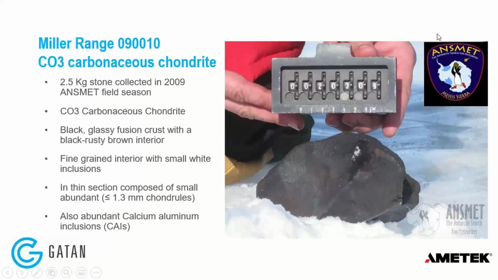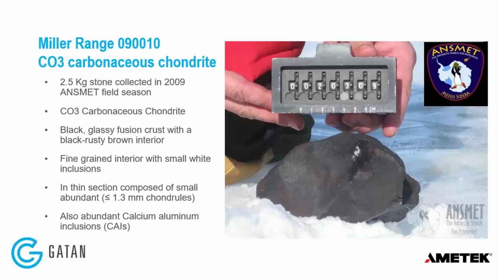All right, thank you. Yeah, so today we're going to be talking about a CO3 carbonaceous chondrite, Miller Range 090010, which is a mouthful, but it was a 2.5 kilogram stone that was collected during the 2009 Antarctic Search for Meteorites field season. As mentioned, it's a CO3 carbonaceous chondrite.